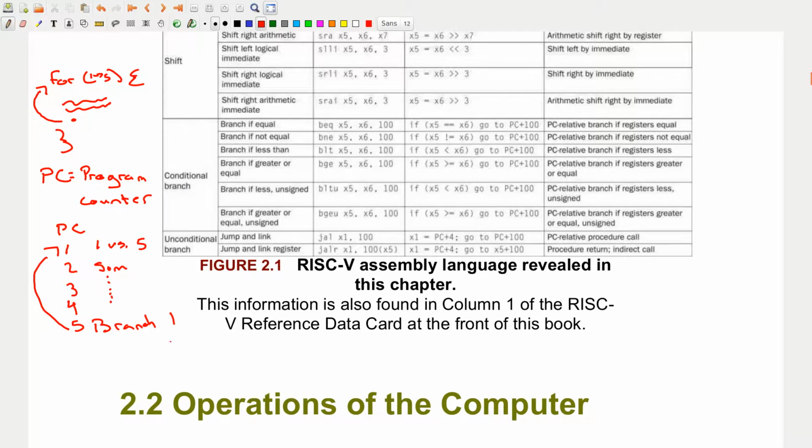Is it wrong to think of PC as the line, like a number line? No. You can think of it as a number line, but it's important to realize that what the programmer sees is a lot different than what is actually going on. In reality, you're executing every single instruction out of order within some window.